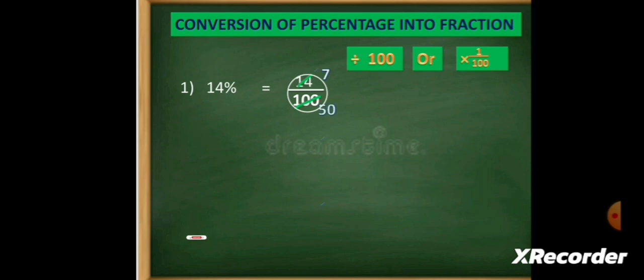Now can we divide this 7 and 50 further? No. So our final answer is 7 upon 50.